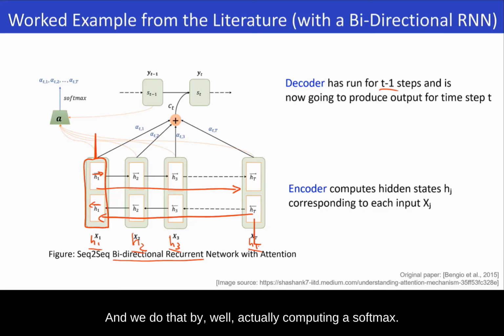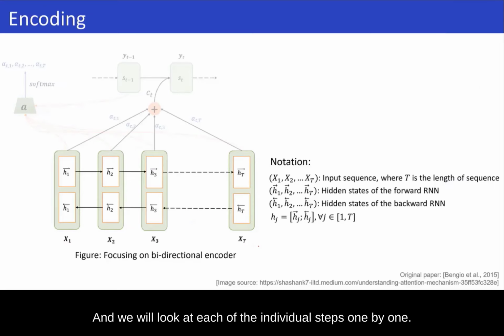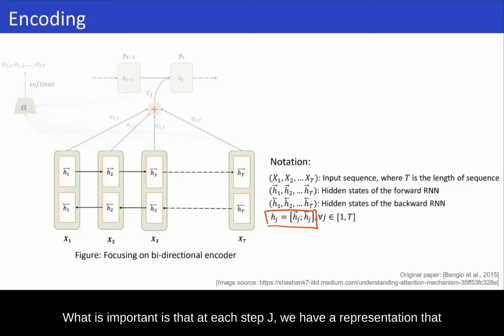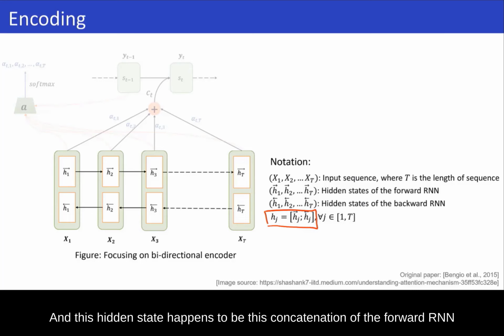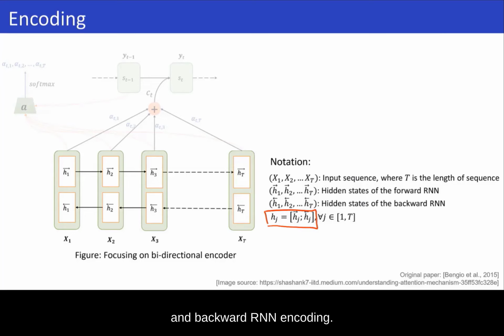And we do that by, well, actually computing a softmax, and we will look at each of the individual steps one by one. So the notation here is not that important. What is important is that at each step j, we have a representation that is the hidden state. And this hidden state happens to be this concatenation of the forward RNN and backward RNN encoding.